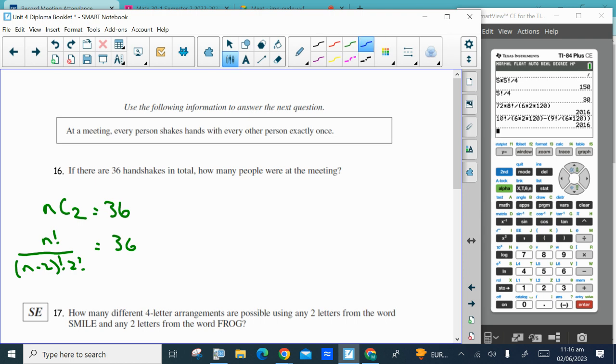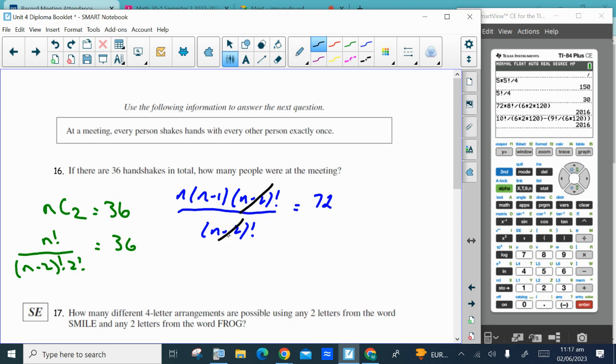I would expand the top n factorial to n(n minus 1) and stop at n minus 2 and put a factorial on the end because that's our denominator. At the same time, I would multiply both sides by 2. 36 times 2 is 72.